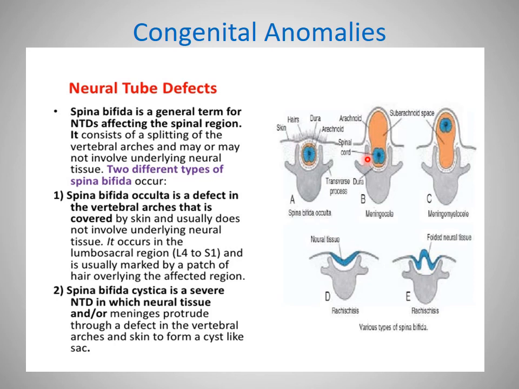So it protrudes out, and sometimes only the meninges protrude, and sometimes the whole spinal cord also protrudes out. When only the meninges protrude, this is called meningocele, and when the neuronal tissue or spinal cord also protrudes along with the meninges, it is called meningomyelocele. Then another form is where the neuronal tissue is absent. There is no neuronal tissue formed, and this is a severe form of neural tube defect.